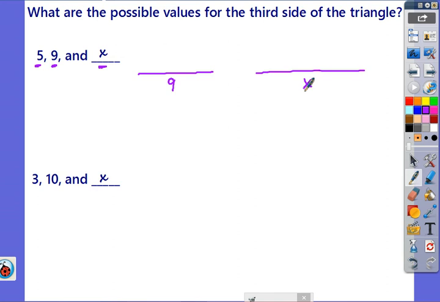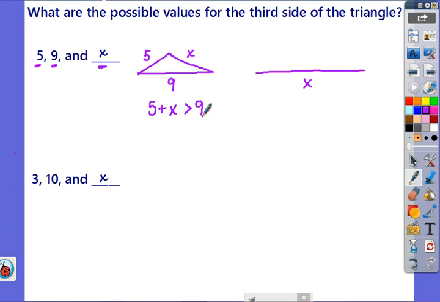So let's see, if 9 were the biggest number, and I wanted to get across 9 with a 5 and an x, what would have to be true about those two lengths? We're going to just do what we've been doing the whole time. The 5 plus the x would need to be bigger than 9.